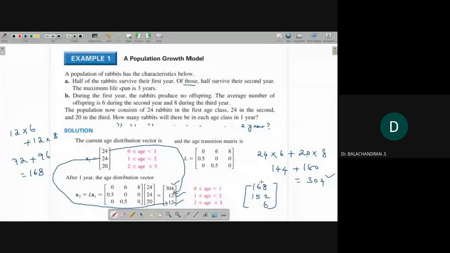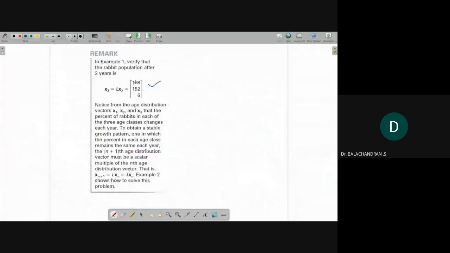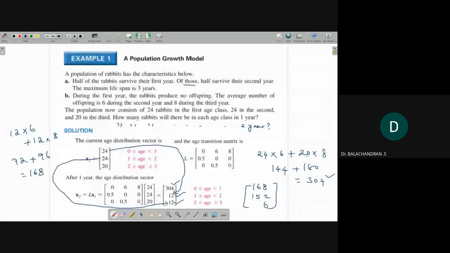So 168, 152, 6. You can check it. This I got from matrices, using the idea of matrices. But here I don't use any matrix idea, I solve the problem without matrices.